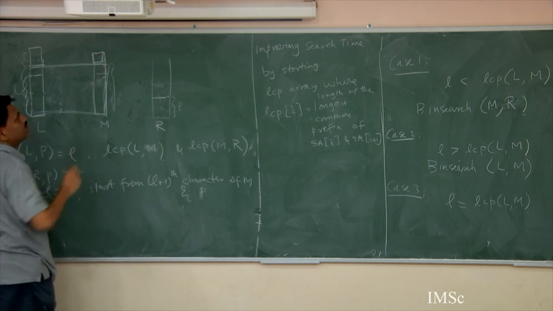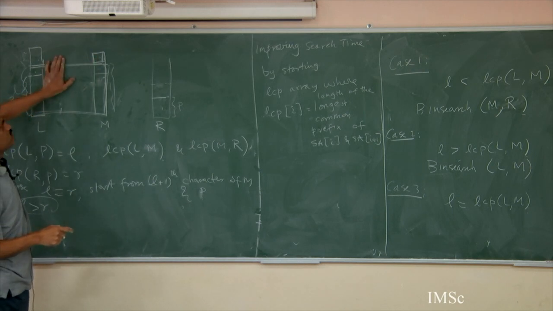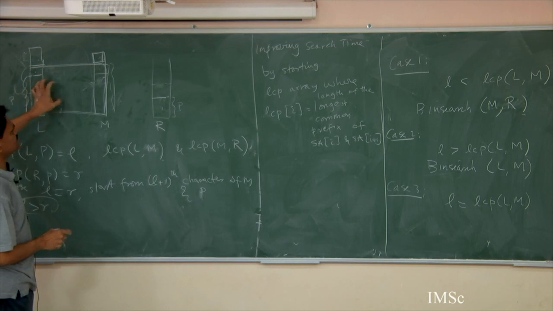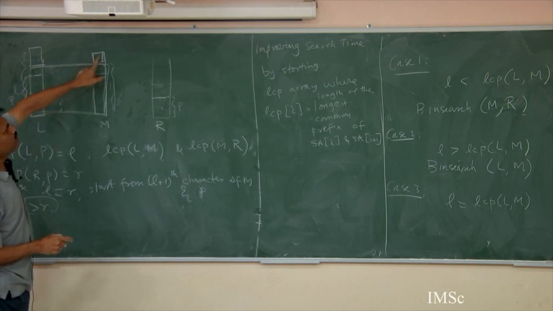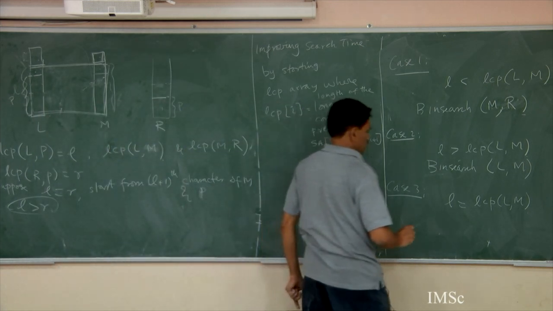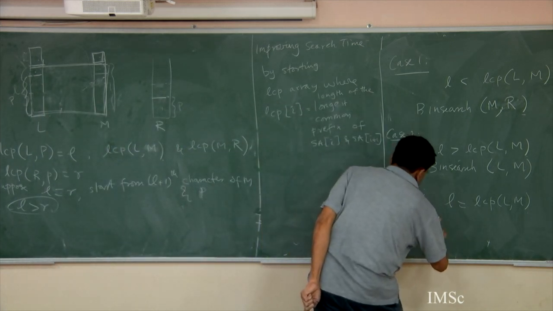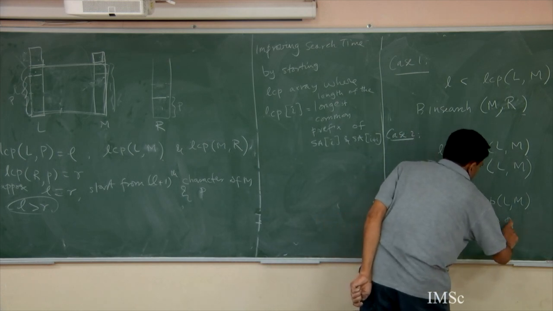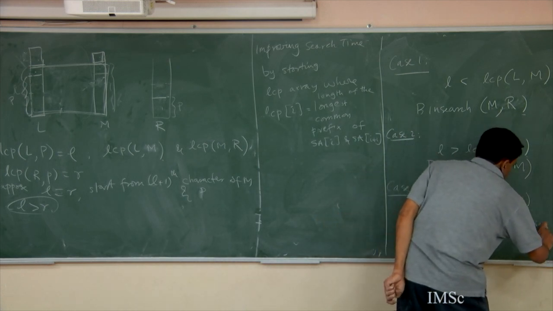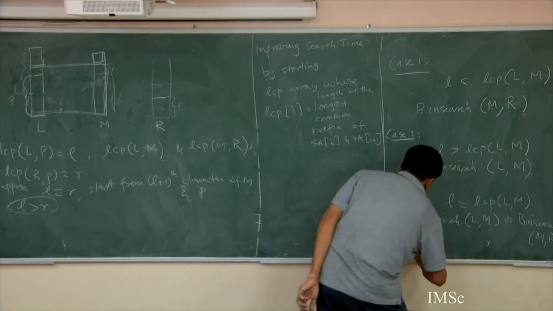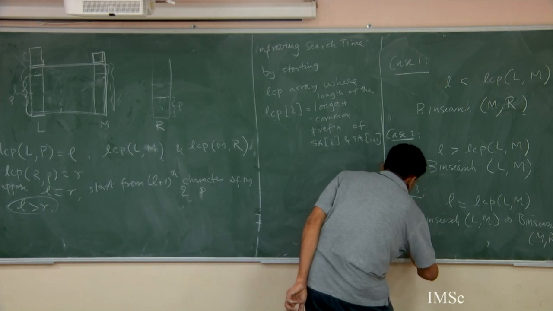I will compare with this guy, and it will tell me whether I should look here or there, because up to this point these guys are exactly the same. So, when I compare with this, it will tell me whether I should go to the left or not, LM or MR, by comparing.